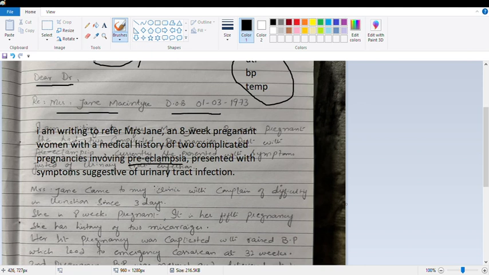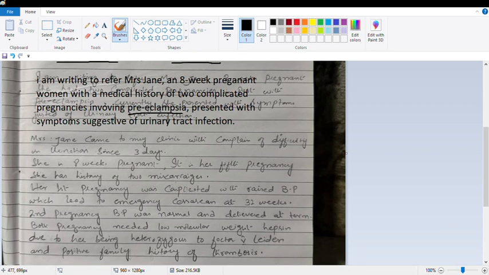If they mention only eclampsia, we can say that a woman suffered seizures plus high BP. Why is this relevant to know? Because if we don't know what happened to the patient, if we don't know the meaning of the disease, we cannot choose appropriate information to include in our letter. Okay, so I'm sure you understand what I'm saying.